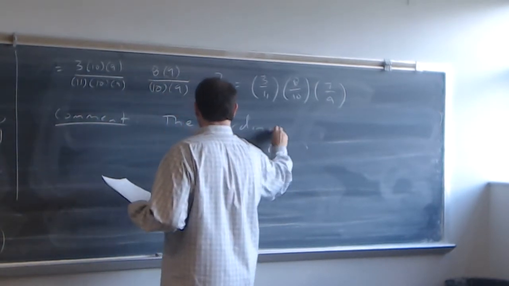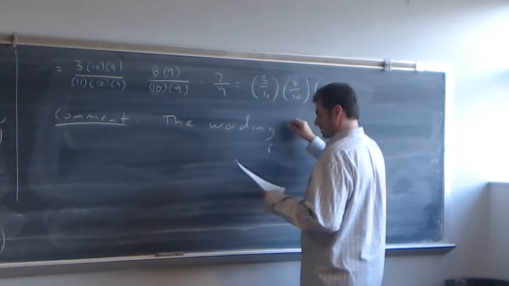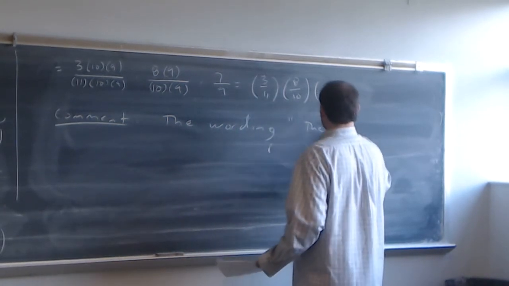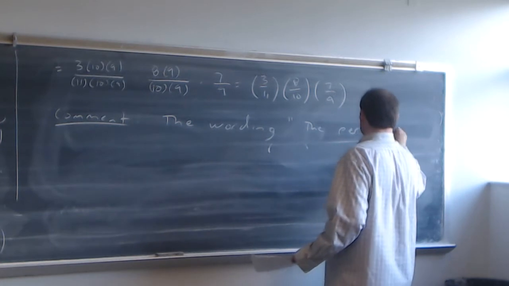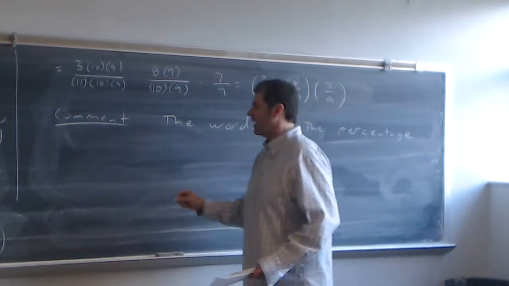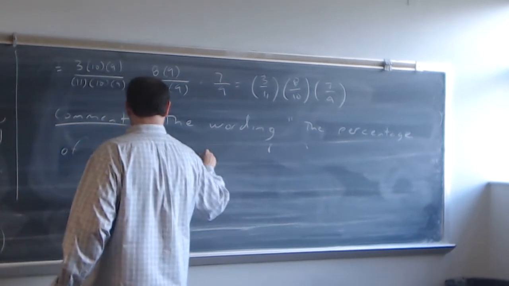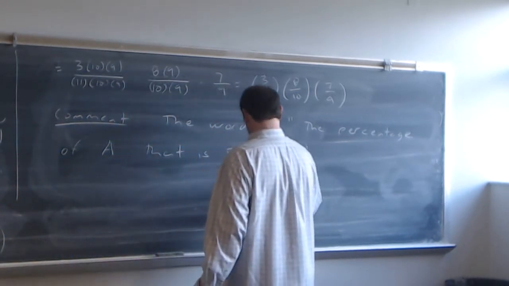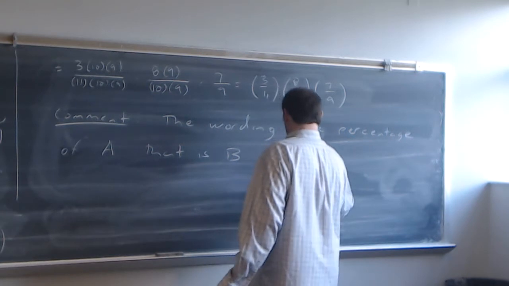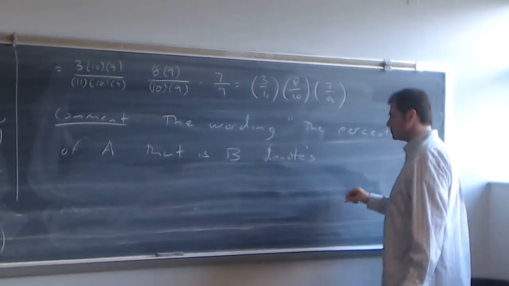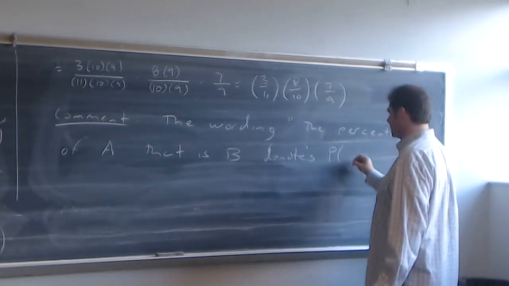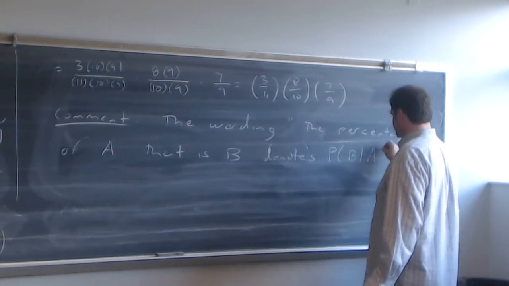But the wording for conditional probability: the percentage of A that is B denotes the probability of B given A. So it's conditional probability.